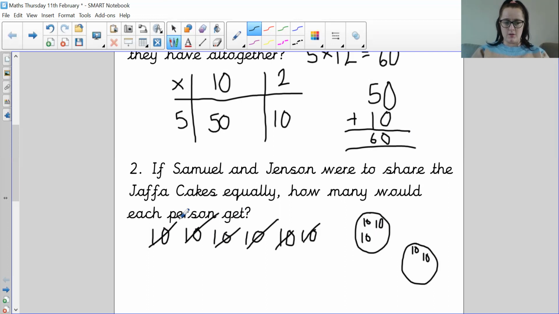Okay. So then I would count how many 10s are in each. So there's 10, 20, 30 in that one, 10, 20, 30 in that one. So they get 30 Jaffa cakes each. Super duper.